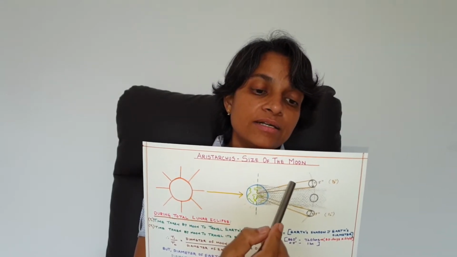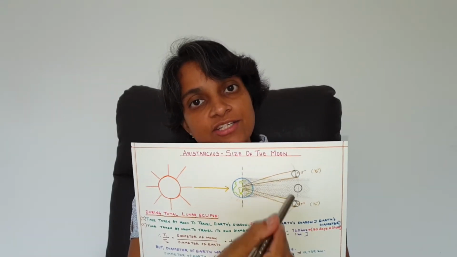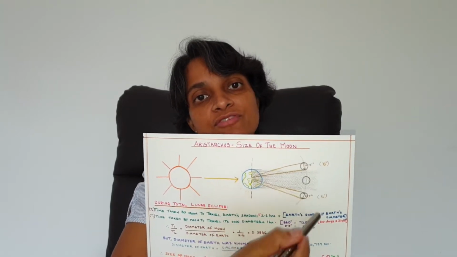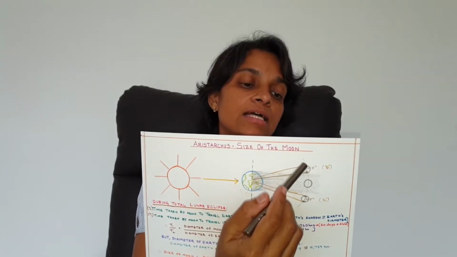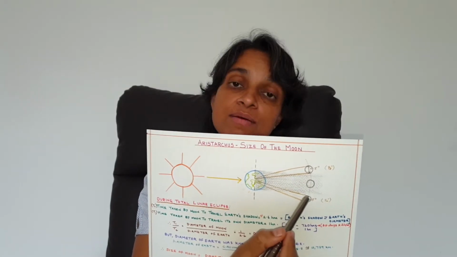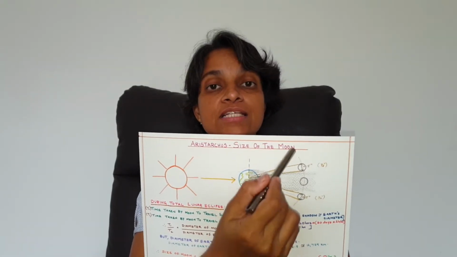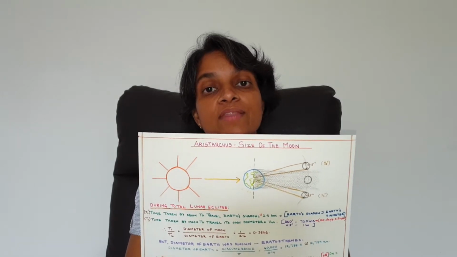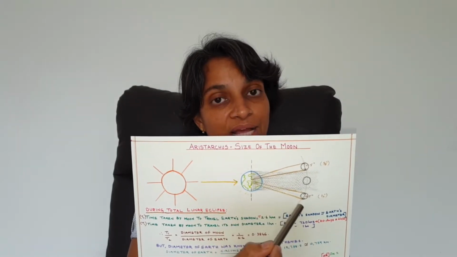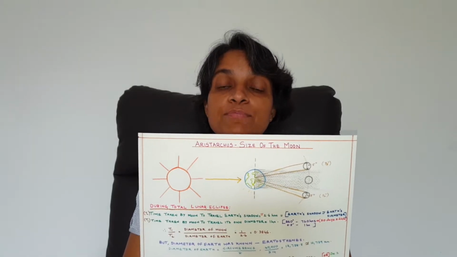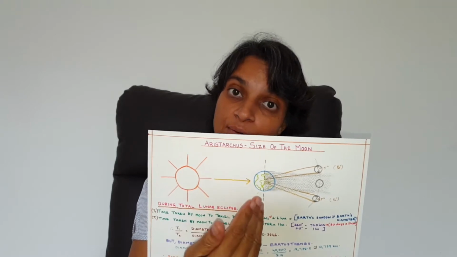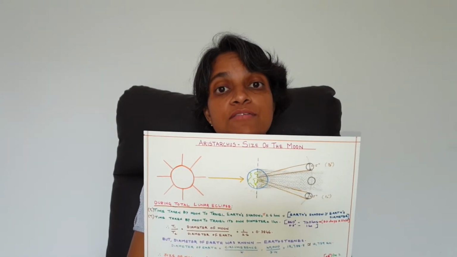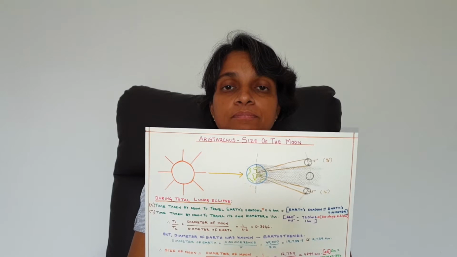That means the moon first enters the shadow of the Earth, and then after traveling for some time through the shadow, it comes out. The distance between the point at which the moon enters the shadow and the point at which it leaves is considered to be the diameter of the Earth traveled by the moon. So, the moon takes approximately 2.6 hours to travel through the diameter of the Earth as observed during a lunar eclipse.